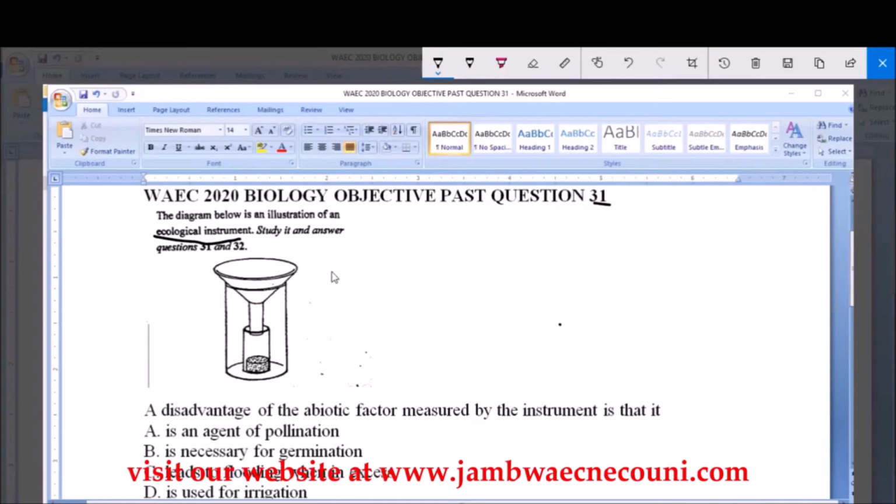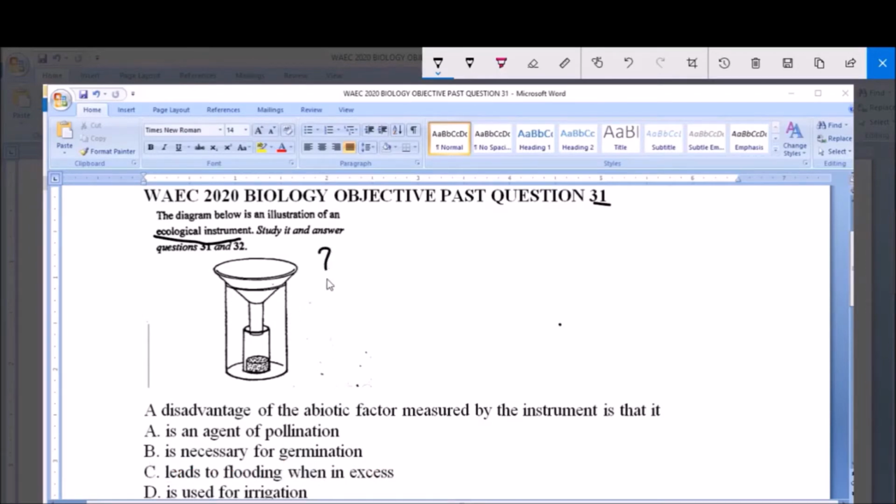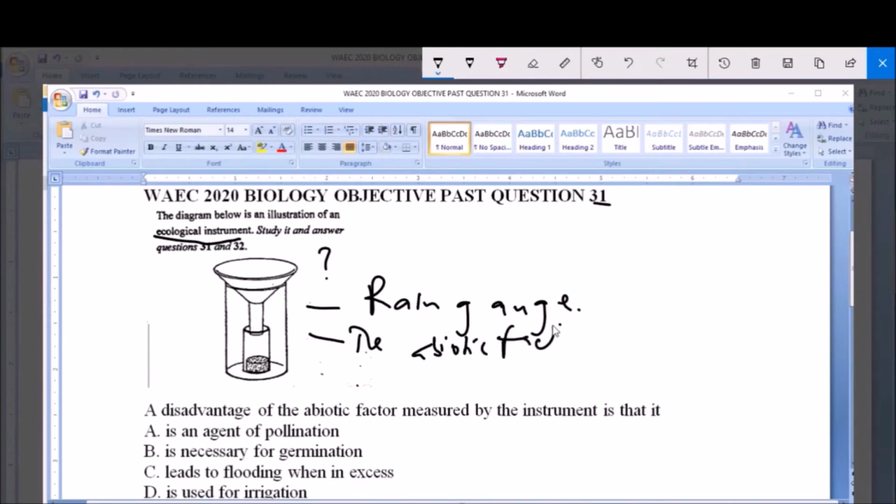Now the first thing we need to do is to identify this ecological instrument, and this ecological instrument is a rain gauge. Now after identifying what the ecological instrument is, we need to next identify the abiotic factor it measures, and the abiotic factor measured by the rain gauge is rainfall.